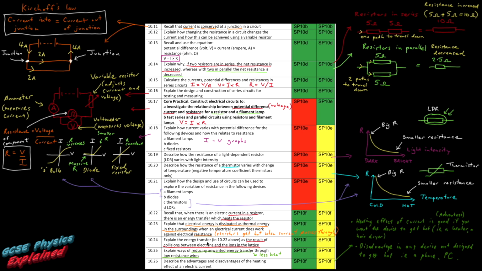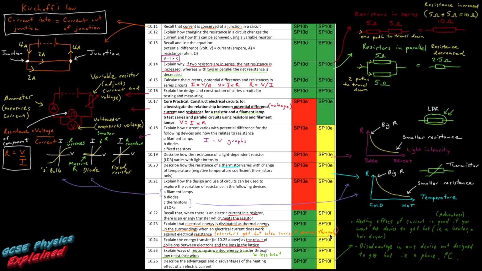Explain the energy transfer as a result of collisions between electrons and the ions in the lattice. So, why is it that resistors get hot when current passes through? Well, if you were to think about it in terms of particles, the little electrons that make up the current that's trying to go through the wire collide into the ions that make up the wire, like the copper ions.